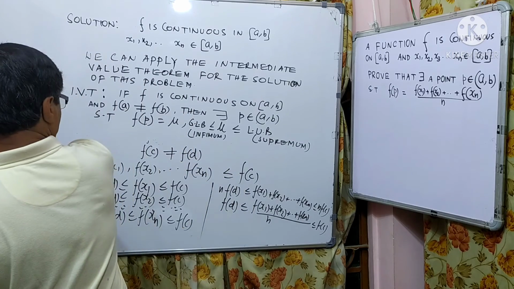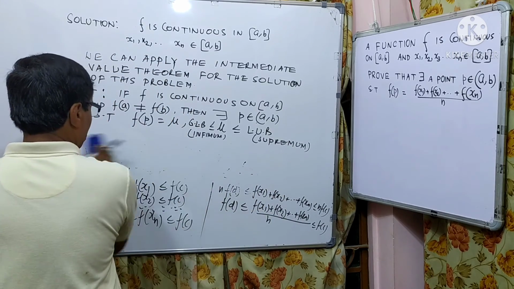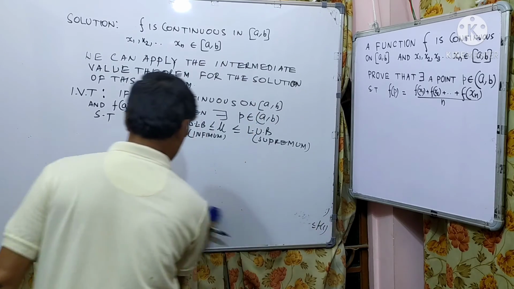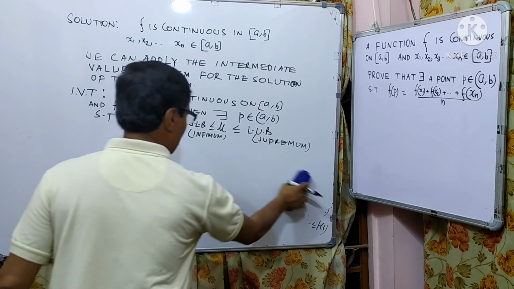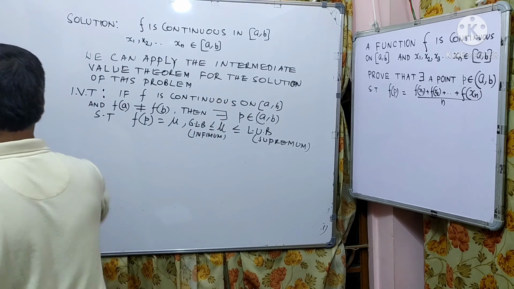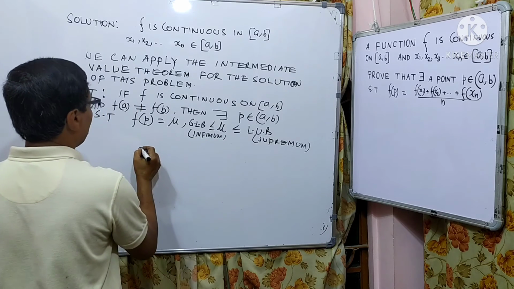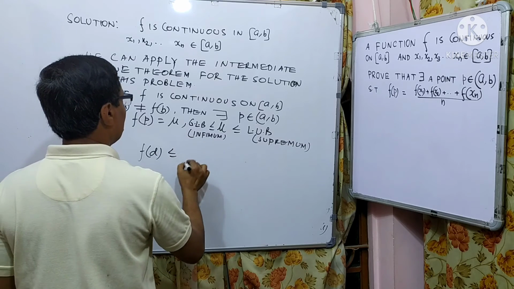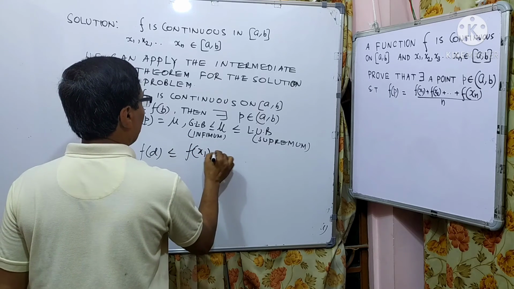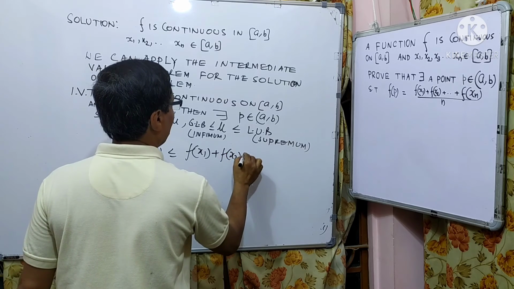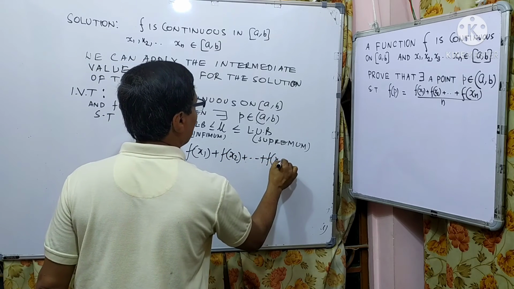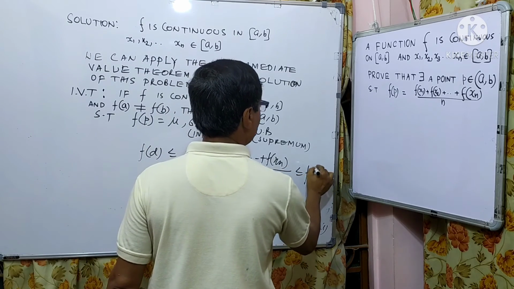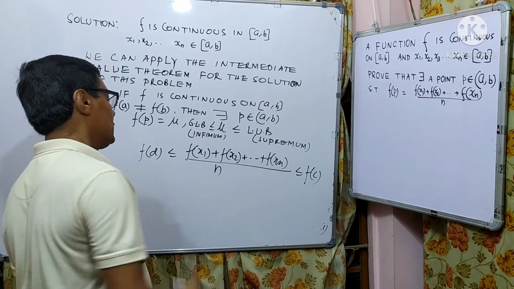Now we can apply this theorem here. We have already got f(d) ≤ (f(x1) + f(x2) + ... + f(xn))/n ≤ f(c).